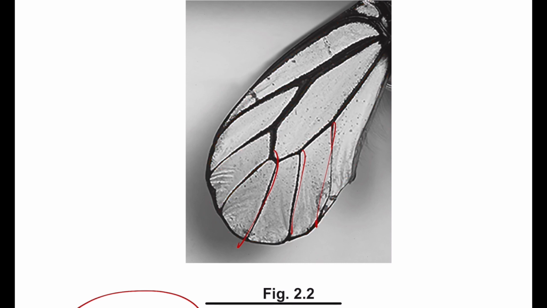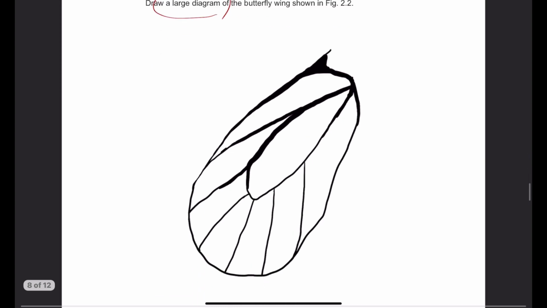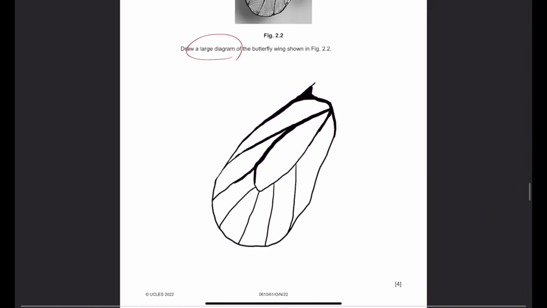You can see there are a few lines that are darker than the others. These lines are darker, so you have to draw them. So this will be the ideal drawing. It's big enough, and it's got some details, and that's how you get 4 marks. It didn't ask you to label, so it's okay not to label. And that's it.